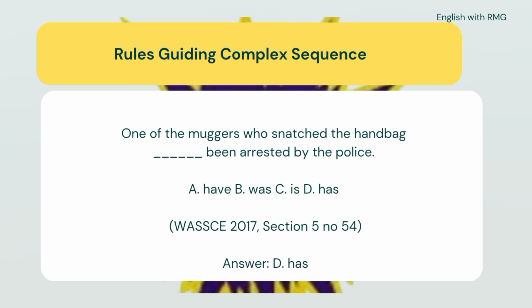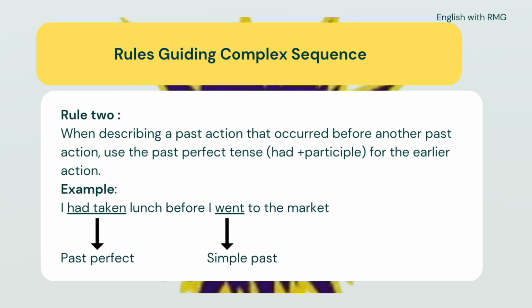Do you understand? So our answer is going to be what? D, as one of the muggers who snatched the bag has been arrested by the police. Do you understand? I hope you are following this lesson, and I hope you are getting the key lessons, which is to pay attention to the context and the time that the sentence is trying to explain or to communicate.